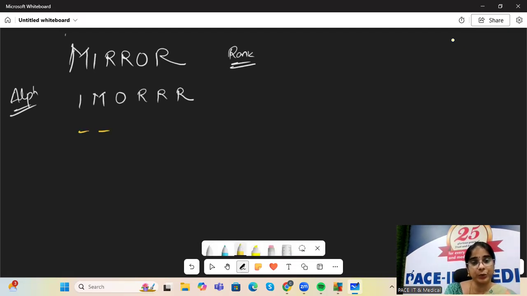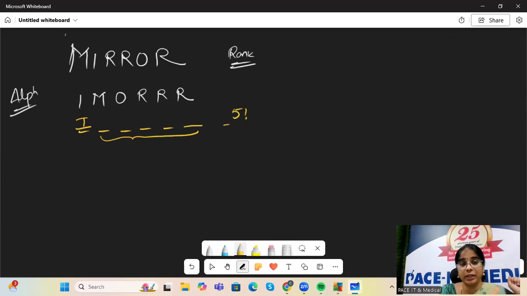I have 1, 2, 3, 4, 5, 6 letters, right? Now finding the rank of the word mirror from the given letters, right? So obviously I have to start with I, and I have how many spaces left here? I have 5 letters to be filled. That is in 5 factorial. But when I am fixing on I have remaining 1, 2, 3, 4, 5. All these 5 has got 3 repetitions.